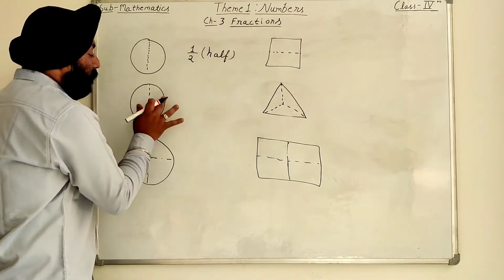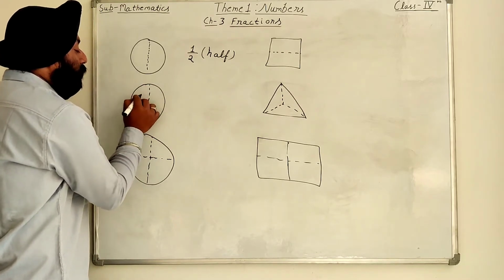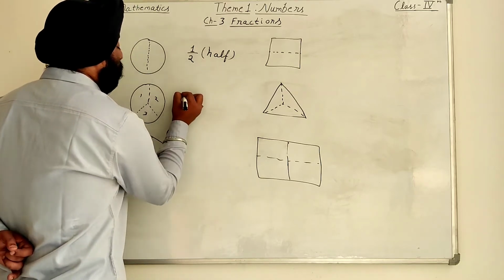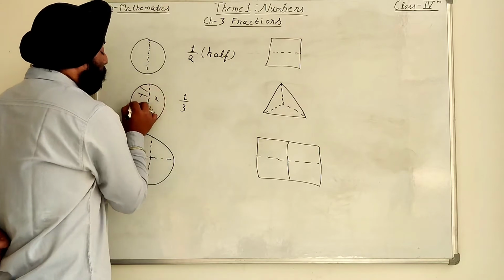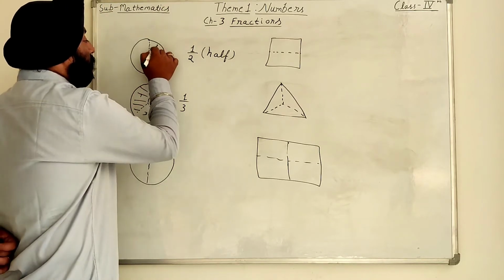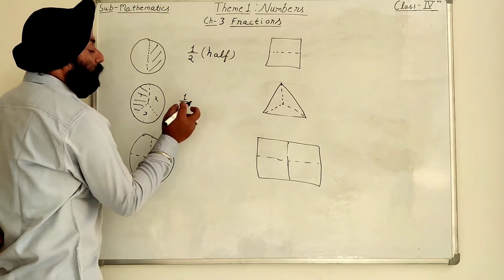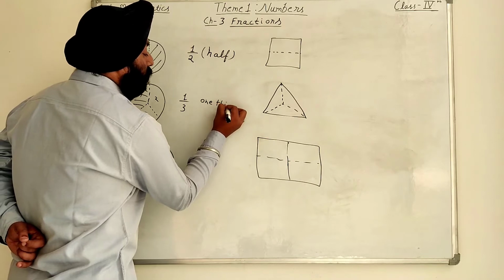Next, we have divided the circle into 3 equal parts, 1 part, 2 part, 3 part. Then 1 upon 3 is the part that one person gets. The shaded part is 1 upon the total. This is called 1/3.